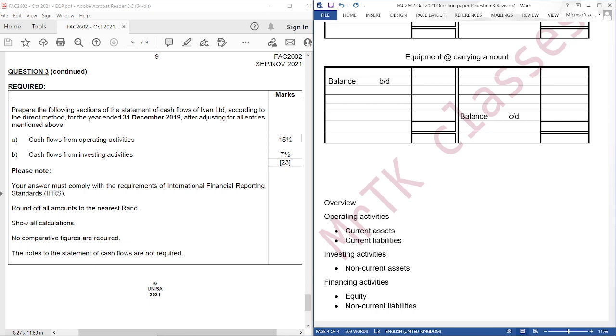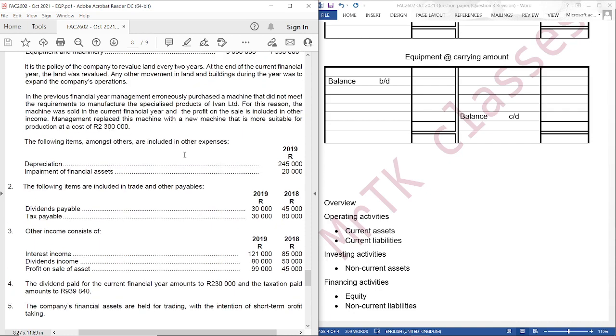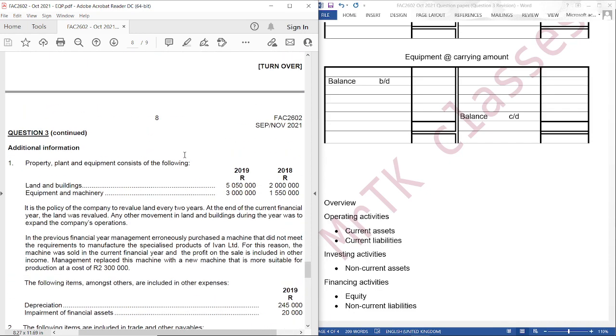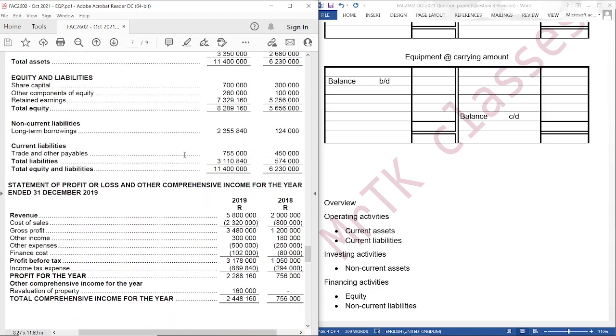Yes, we'll also look at our statement of profit or loss and other comprehensive income as well as additional information.